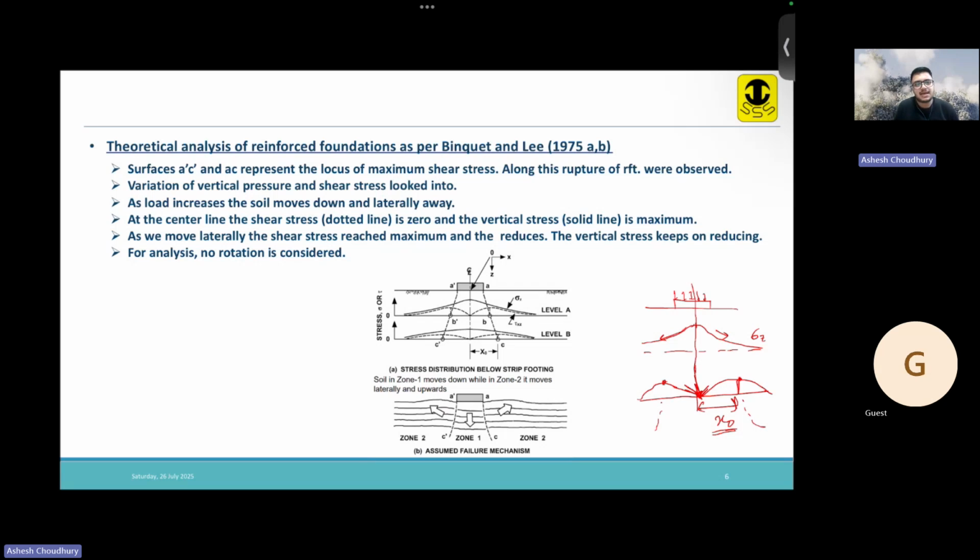At the center line, which is this dotted line here, the shear stress is zero, and the vertical stress is maximum at any level, that is, at any depth. As we move laterally, the shear stress reaches a maximum and then reduces to zero, while the vertical stress keeps reducing. So that is whatever we discussed here. For analysis, no rotation is considered.